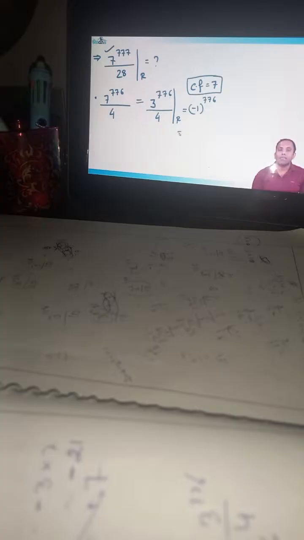Minus 1 raised to an even power becomes 1. But never write the answer as 1. After cancellation, always multiply the final answer with the cancellation factor, 7, since I have cancelled by 7. So 1 into 7, 7 is the answer.